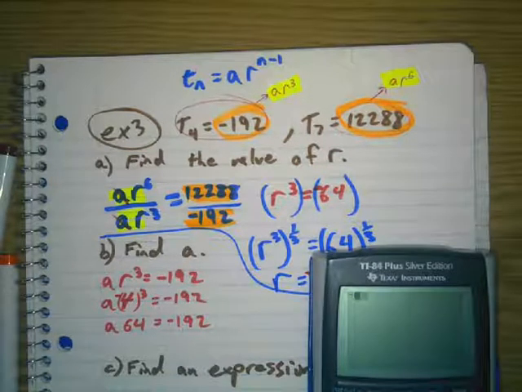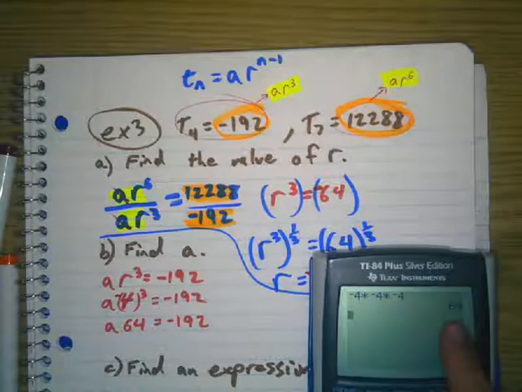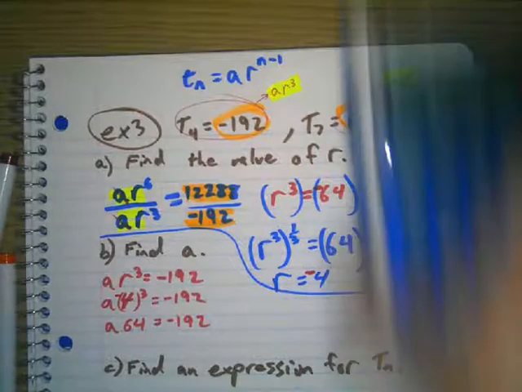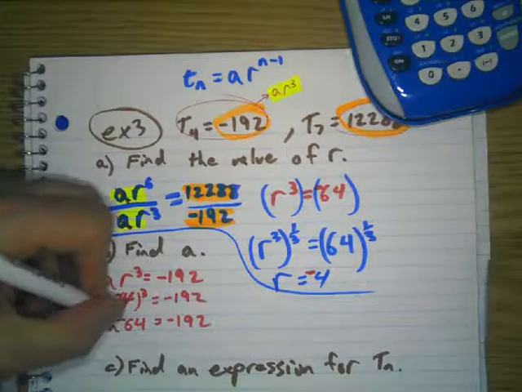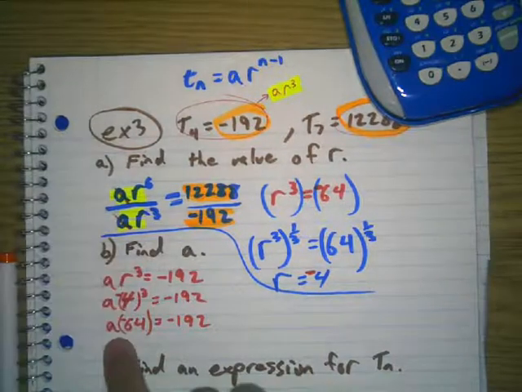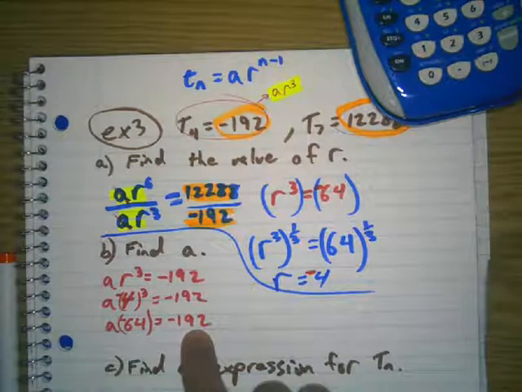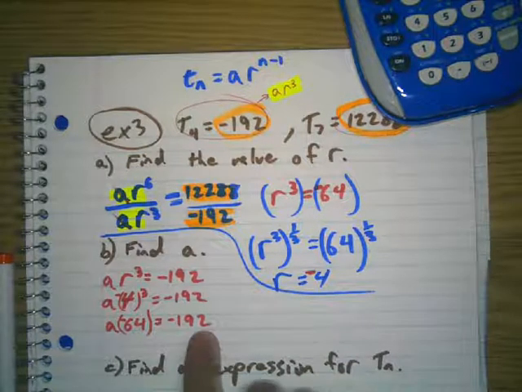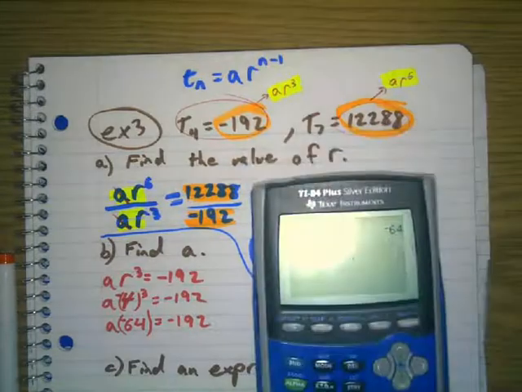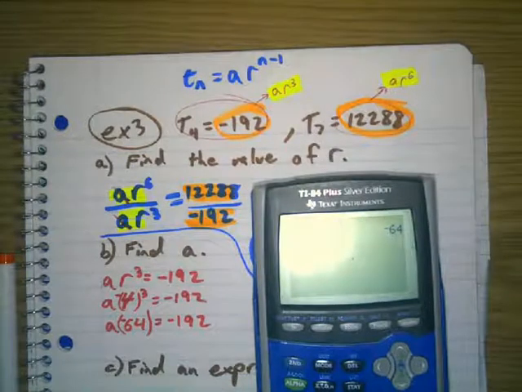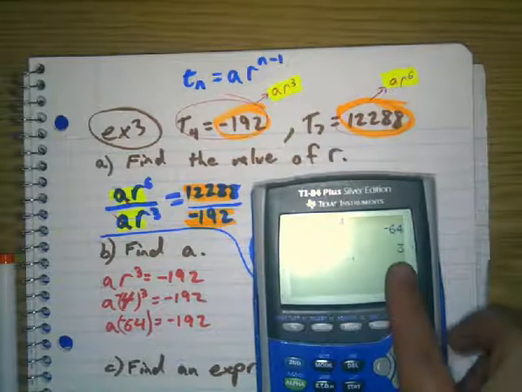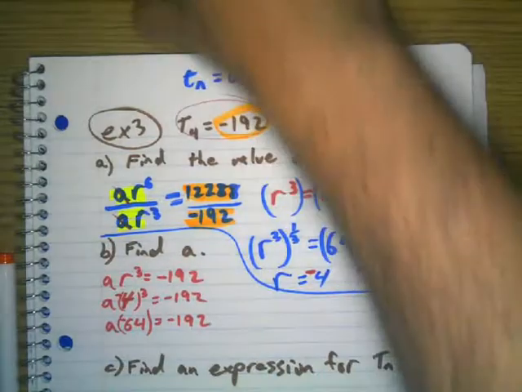So a times negative 64 gives me negative 192. 192 divided by 64 is going to give me 3. So our a value is 3.